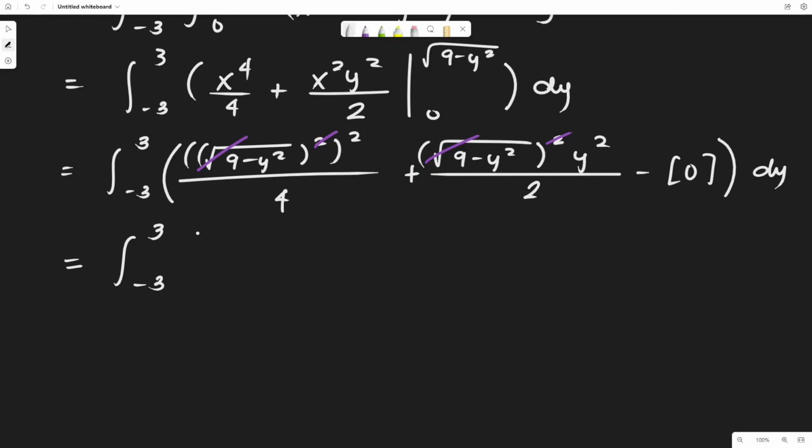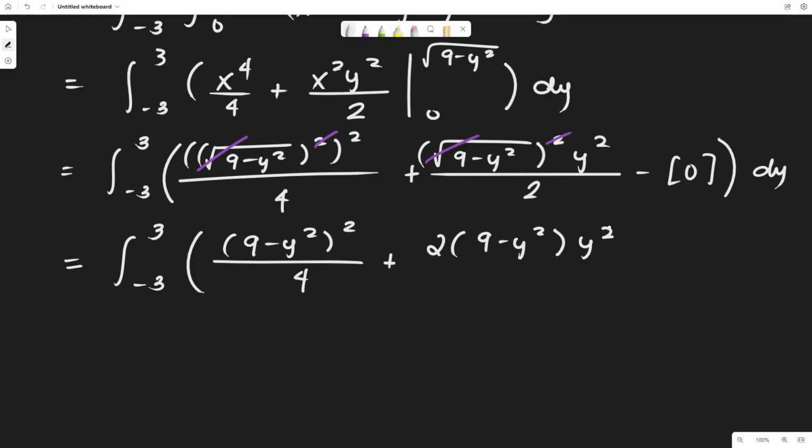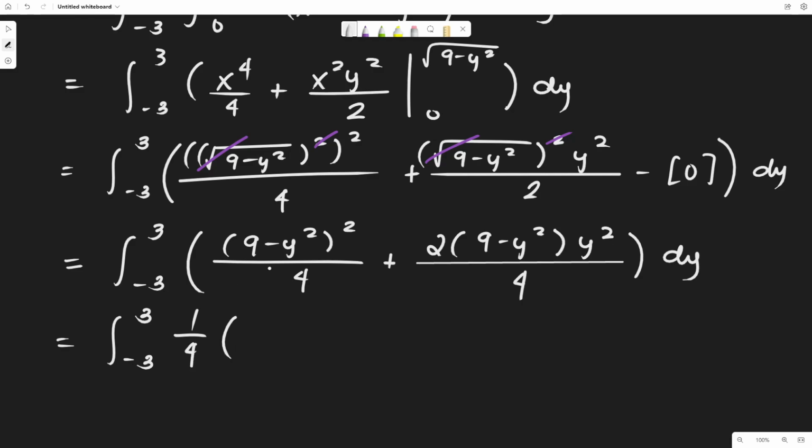So, therefore, we have, mas madali na natin siyang mai-integrate. Diba? So, we have 9 minus y squared over 4 plus, lagay ako ng 2 dito para maging 4 din yung baba, no? Para maging common. 2 times 9 minus y squared over 2, all over 4 na pala, no? Dy. Then, pagsamahin ko lang sila, no? So, we have the integral from negative 3 to positive 3 ng 1/4 times, expand natin to.